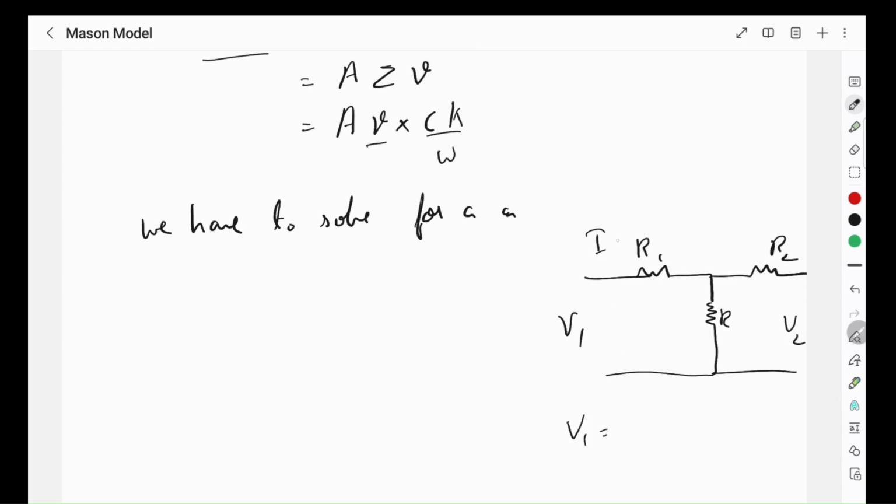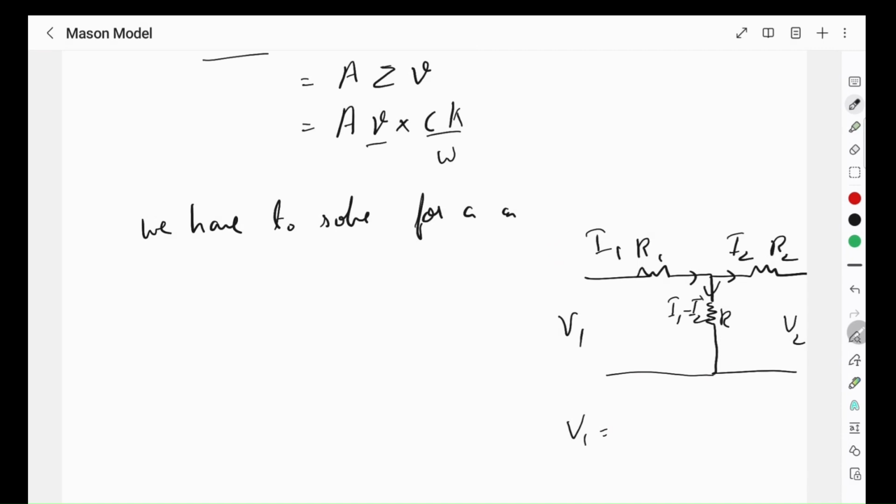V1 is equal to the current flowing here, which is I1. If you have a current flowing here and another current flows here, this is I2 and this is I1 minus I2. So ultimately you know how to write this: I1 into R plus I1 minus I2 into R in this region gives you a voltage.